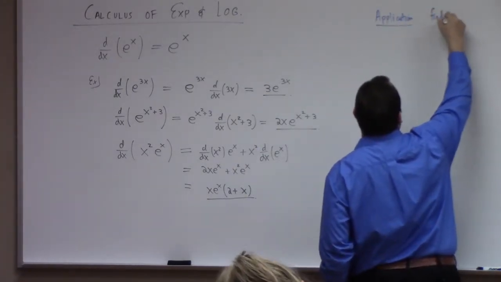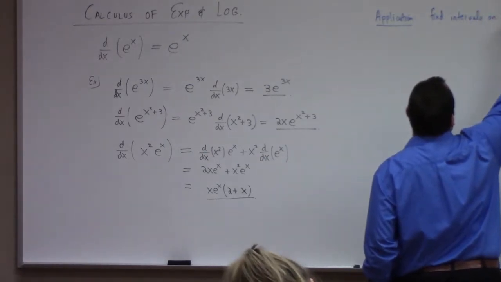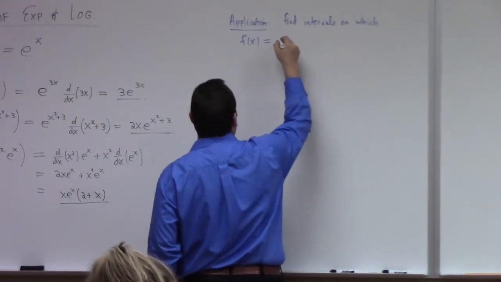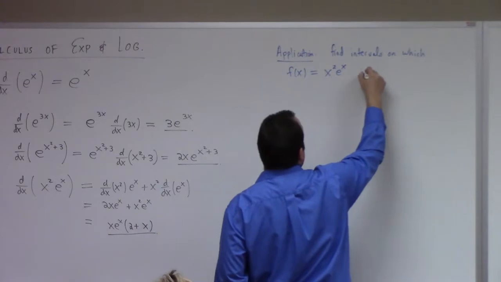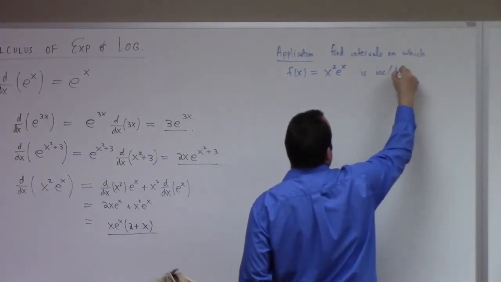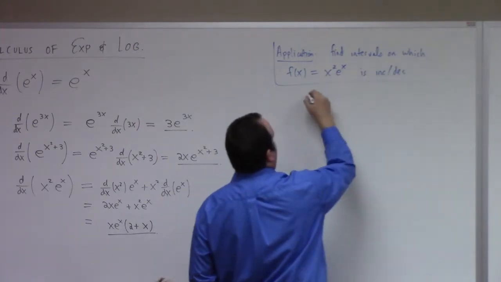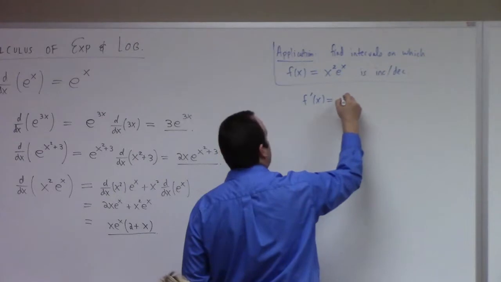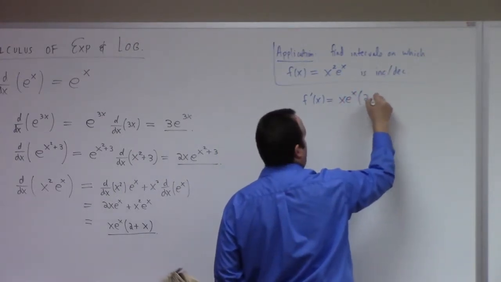Find intervals on which f of x equals x squared e to the x is increasing or decreasing. So we just figured out that f prime of x is equal to x e to the x times 2 plus x, right?